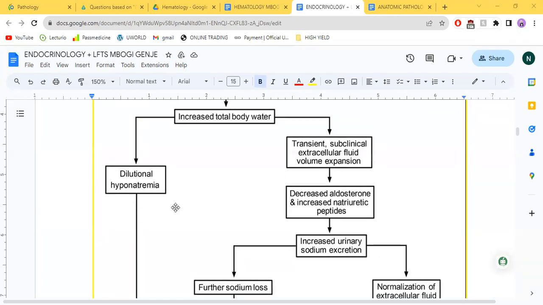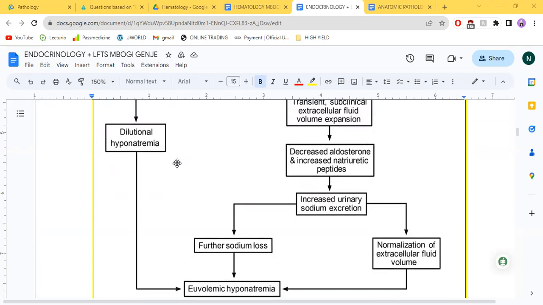Basically the sodium is distributed in a large pool of water. I hope you've understood that. So this one will eventually lead to euvolemic hyponatremia. For euvolemic hyponatremia, the classic presentation that you must remember is there is no edema compared to the other ones. Euvolemic, there is no edema.